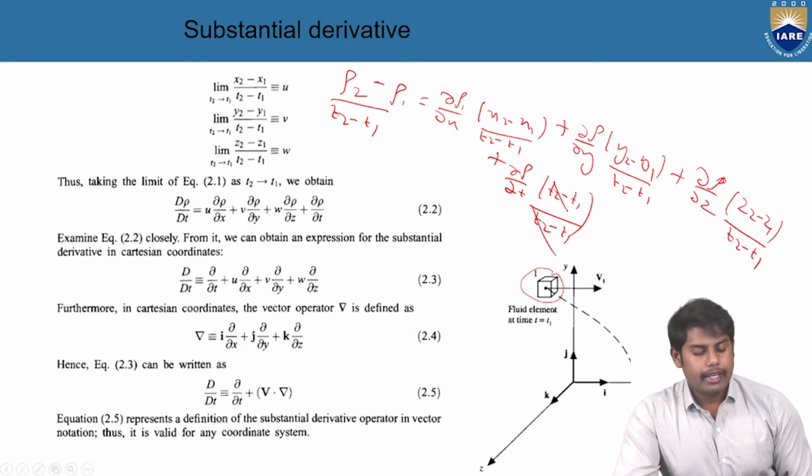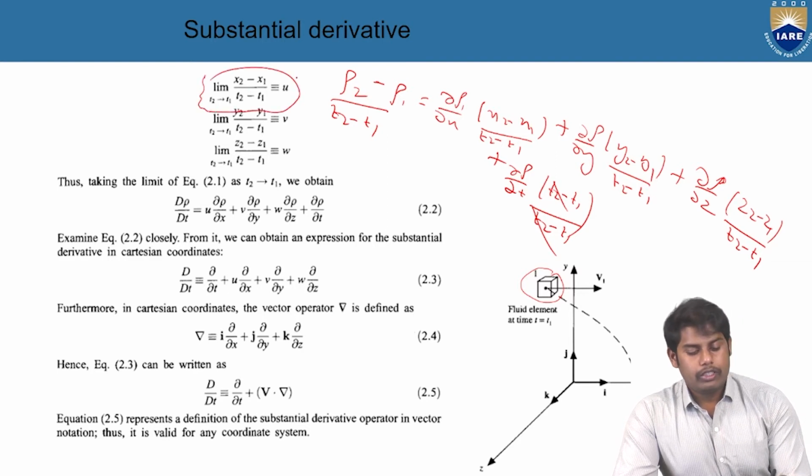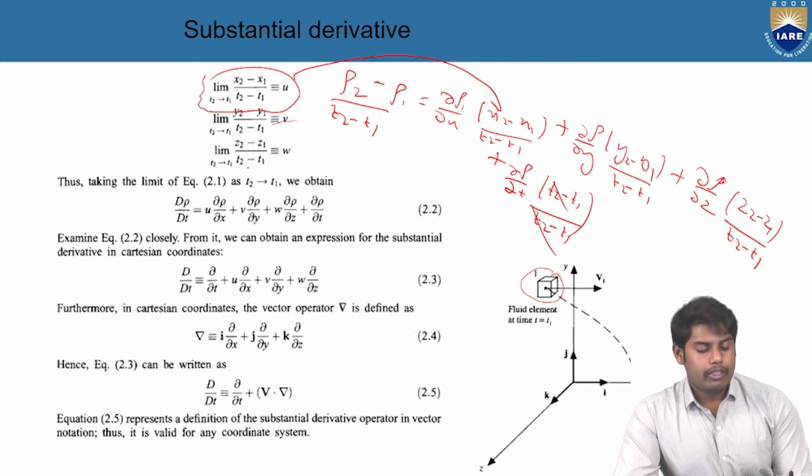So here this is getting cancelled. Here you can see the limit t2 tends to t1. So x2 minus x1 divided by t2 minus t1 will give rise to u velocity, y2 minus y1 divided by t2 minus t1 will give rise to v velocity, and z2 minus z1 divided by t2 minus t1 will give rise to w velocity.